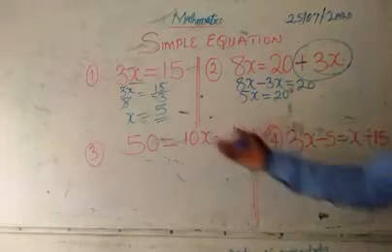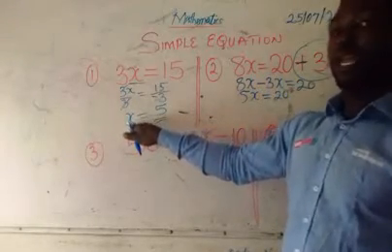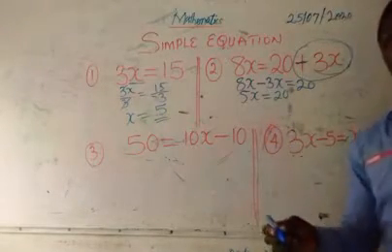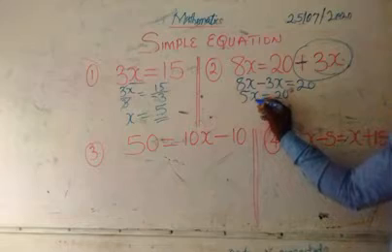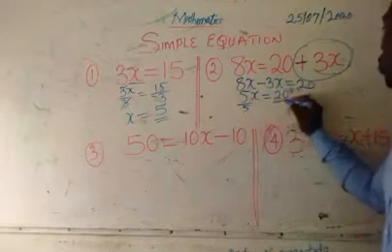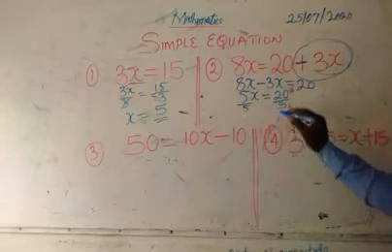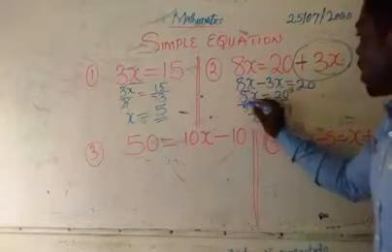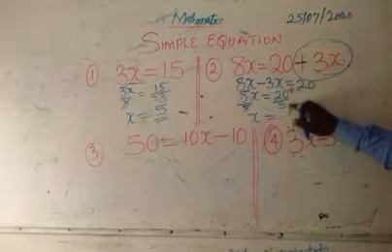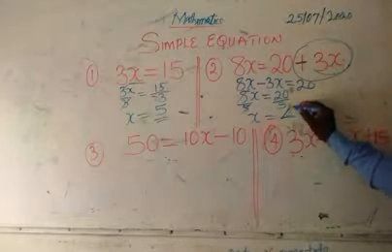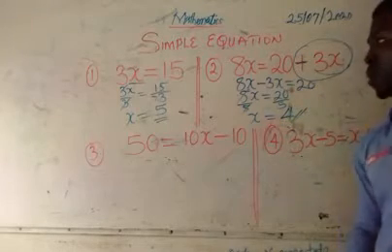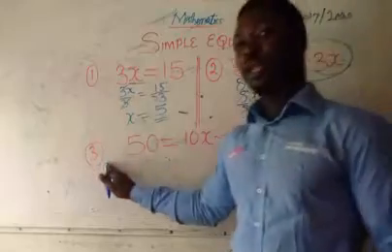At this point, we apply the same thing as we did here. We divide both sides by the coefficient of x, which is 5. So here over 5 and here over 5. So 5 can go with 5 here. Our x is going to be equal to 20 divided by 5, which gives us 4. That is our answer.